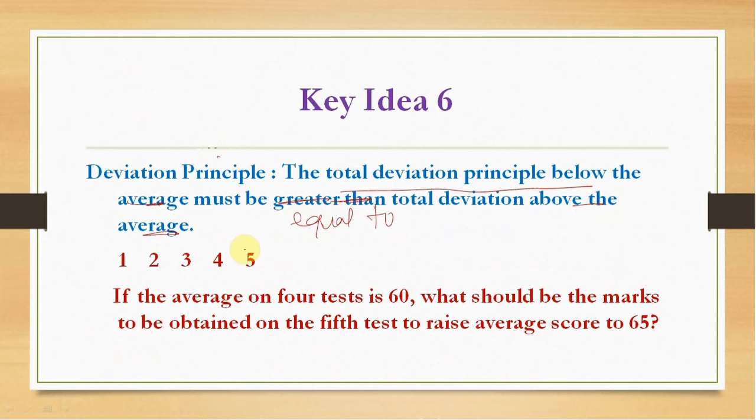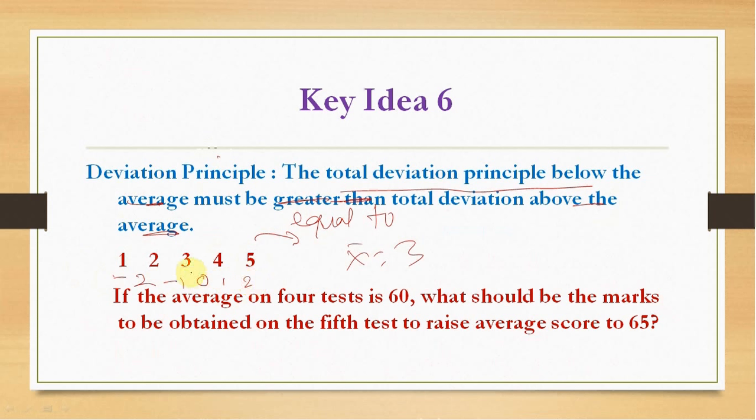Let us clarify this with an example. Here the mean value is 3. Now we take deviations. 1 minus 3 is -2, 2 minus 3 is -1, 3 minus 3 is 0, 4 minus 3 is 1, 5 minus 3 is 2. The sum of deviations above the mean is positive 3, and the sum of deviations below the mean is negative 3.